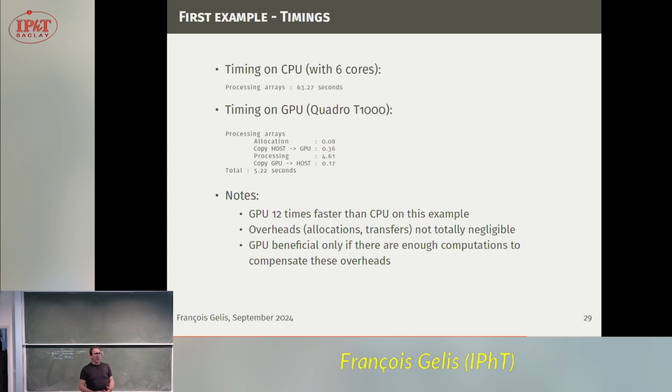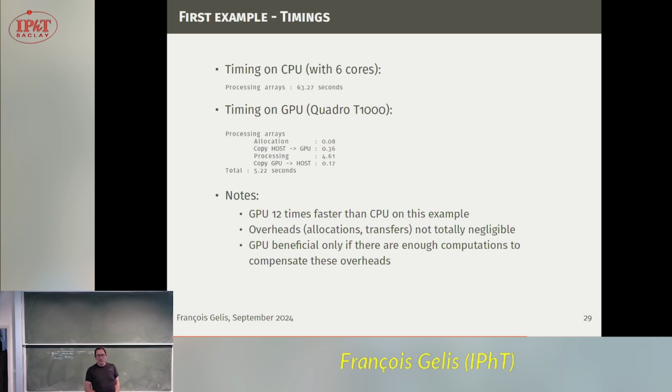But if it's just linear algebra, very heavy, but linear algebra? Super good. It's indeed super good for anything like linear algebra. Multiplying a matrix by a vector will be very fast on the GPU typically.